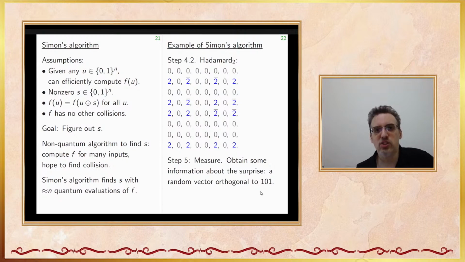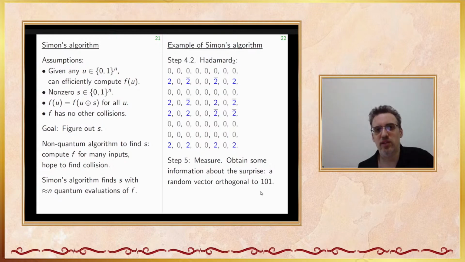Now that vector that you've written down in binary as a result of measuring these 3 input qubits, you throw away the 3 output qubits, that vector, I claim, and you can check in this example, is orthogonal as a vector modulo 2 to the secret vector 1, 0, 1.